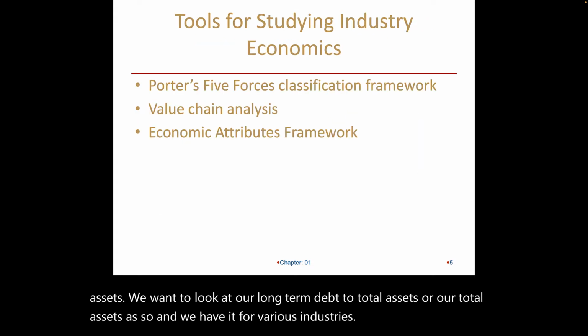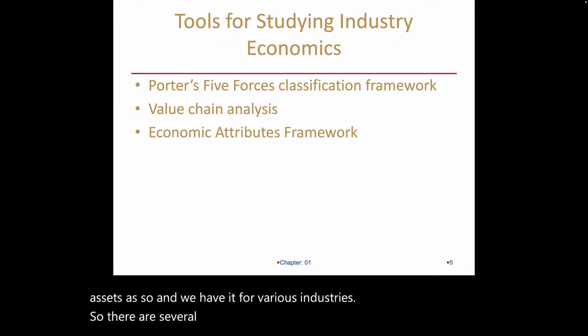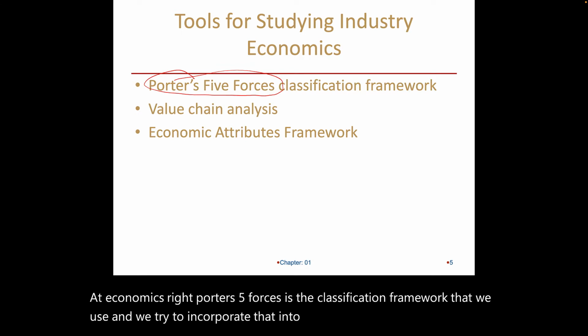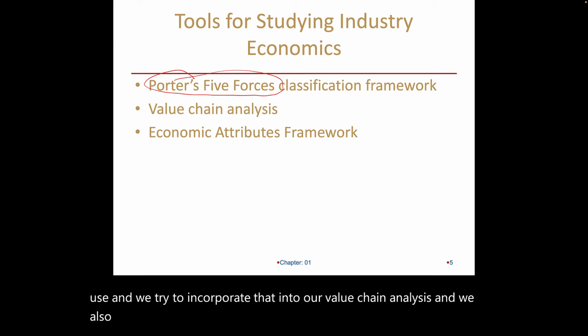So there are several tools that we use when we're trying to study industry economics, right? Porter's 5 forces is the classification framework that we use, and we try to incorporate that into our value chain analysis. We also might look at the economic attributes framework as well.